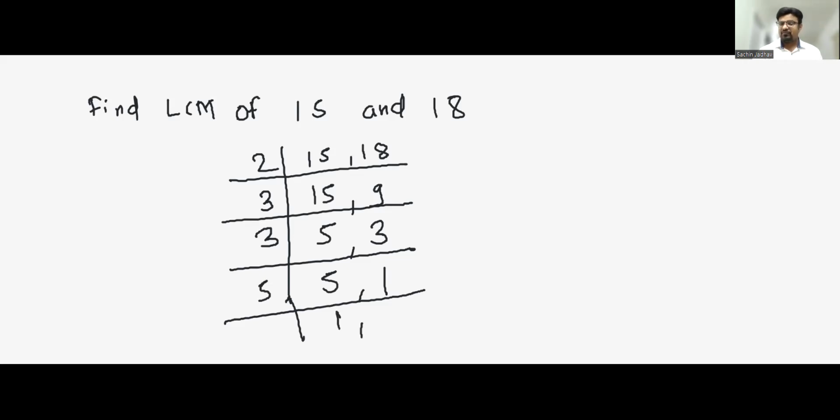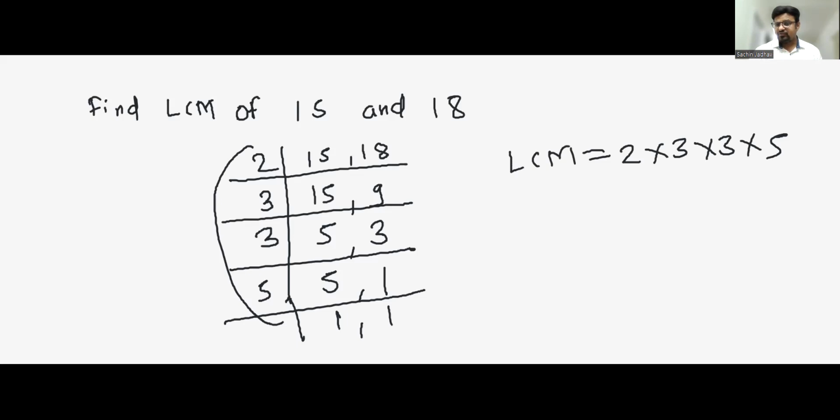So 5 divided by 5 is 1, and this earlier 1. Now all these numbers, what is the LCM? All these factors here, you have to multiply. That is 2 into 3 into 3 into 5. What is that? 2 into 3, 6. 6 3s are 18. 18 5s are 90. And 90 is the LCM of 15 and 18.